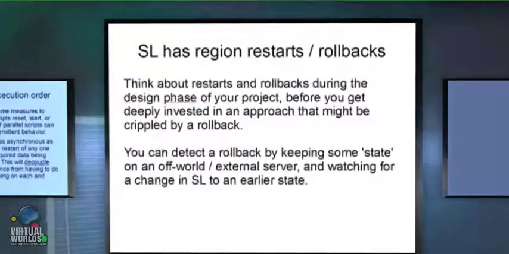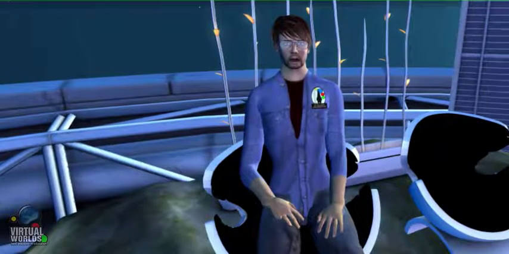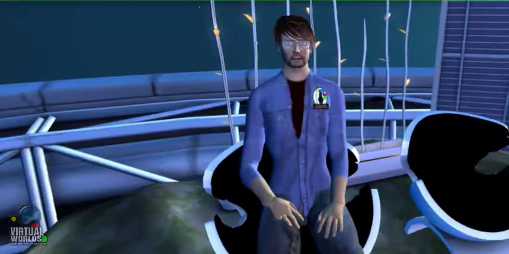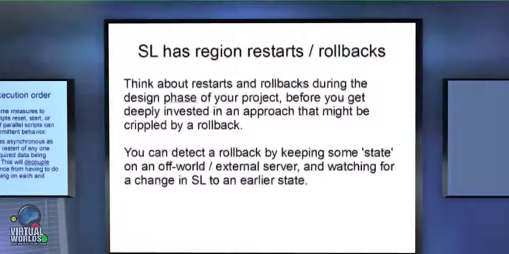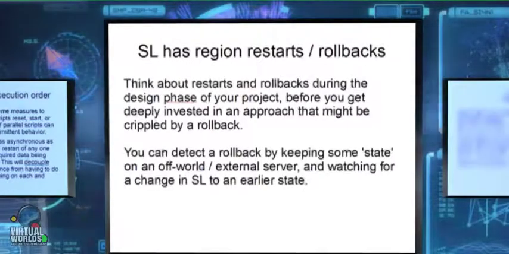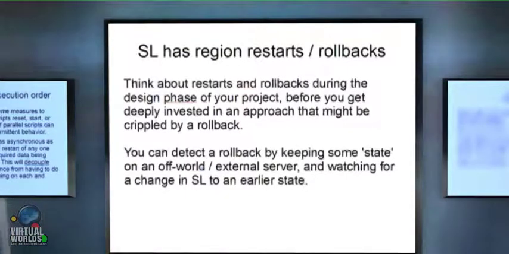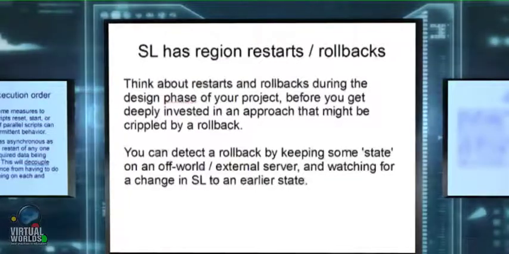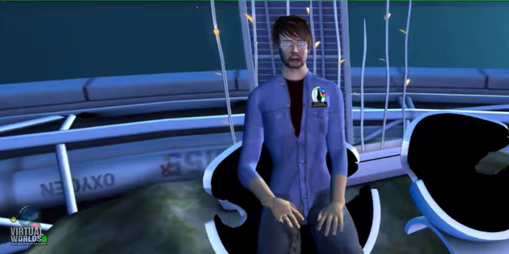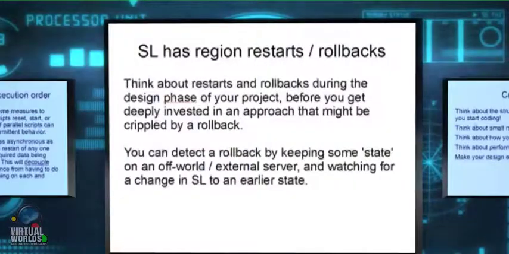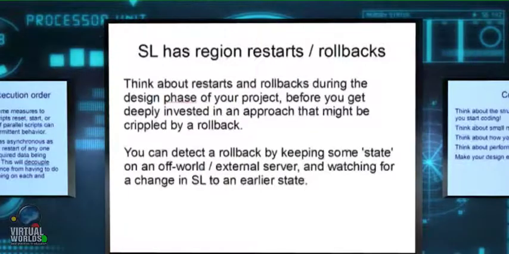This next one is that SL has region restarts and rollbacks. This is a hard one to get your head around, but I highly, highly recommend that you think about restarts and rollbacks during the design phase of your project, before you get deeply invested in an approach that might be crippled by a rollback. My experience is that you can detect a rollback by keeping some state in an off-world or external server and watching for SL essentially to turn the clock back.